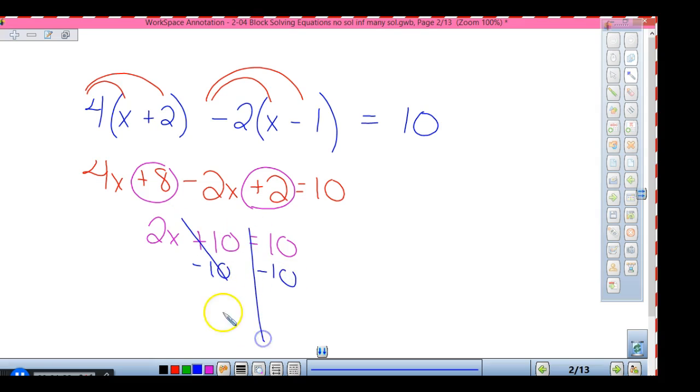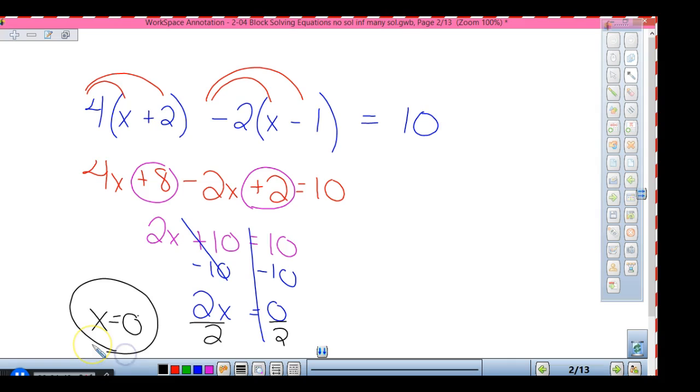Those go away. 2x equals 0. Then what? Divide by 2. x equals 0 divided by 2, which is 0. Yep. Not so bad, right?